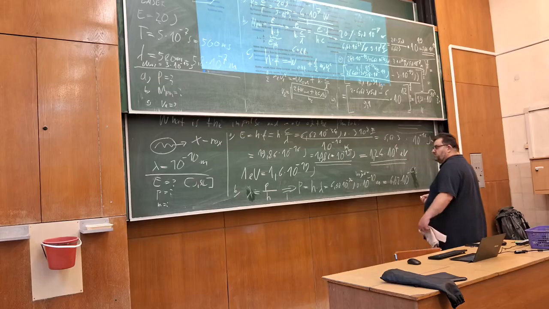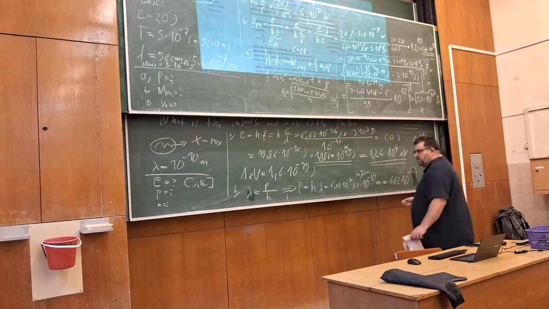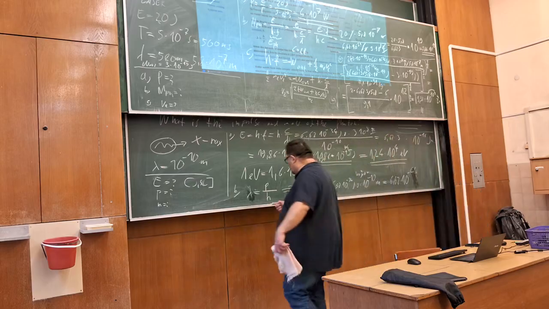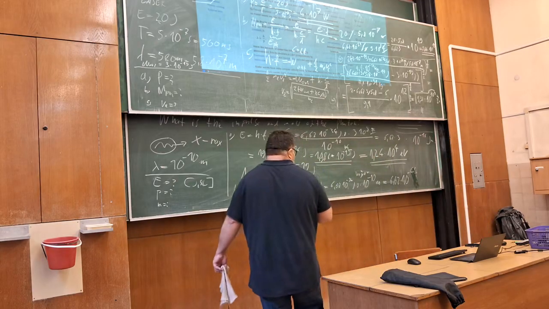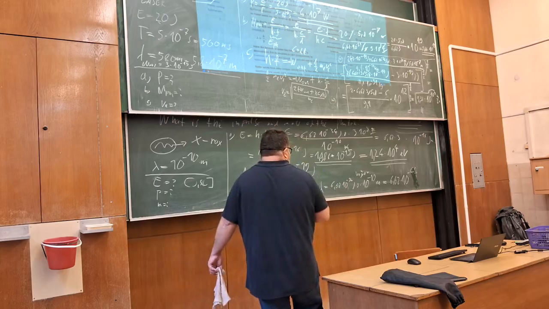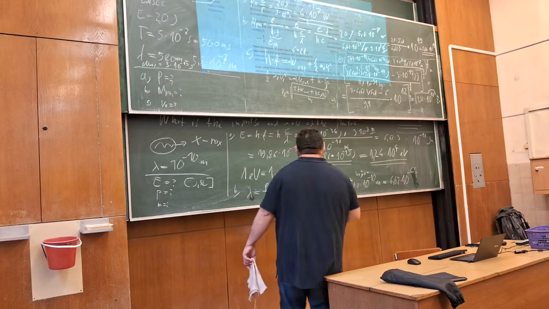Something is not good. Something is not good. So the de Broglie length, something is not good here.